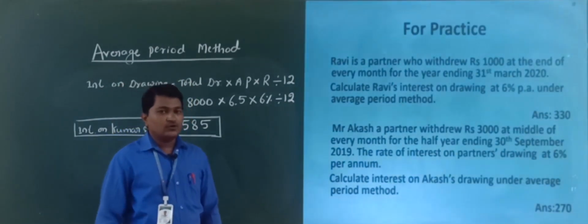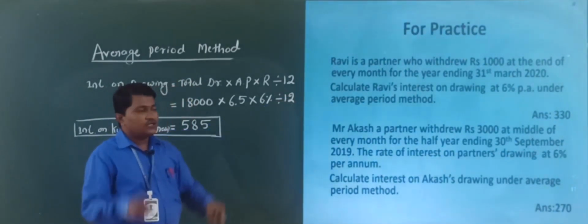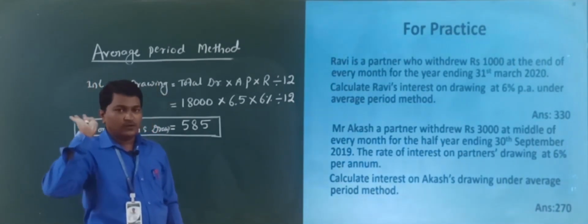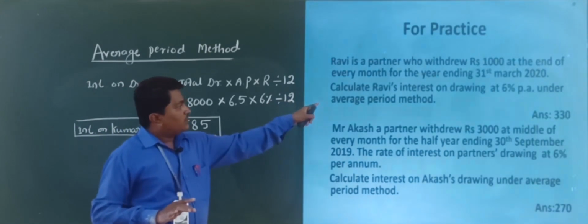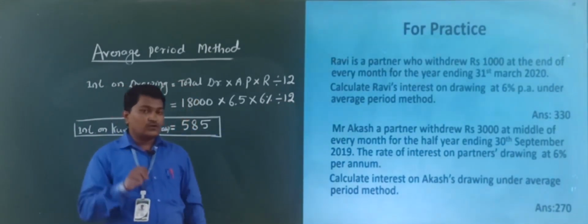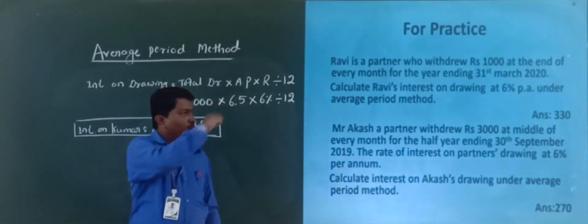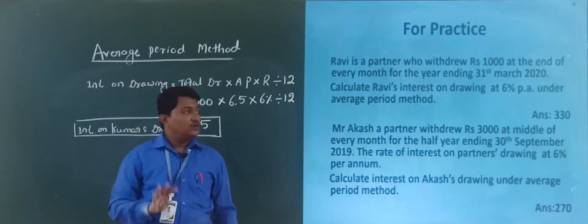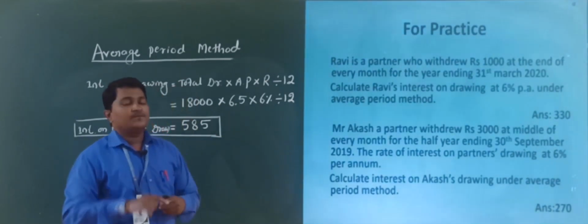So how to calculate total drawing? 1000 into 12. Very good. Calculate Ravi's interest on drawing at 6% under average period method. So first of all, total drawing, amount of drawing 1000 into 12. Why 12? Because 31st March, full year.